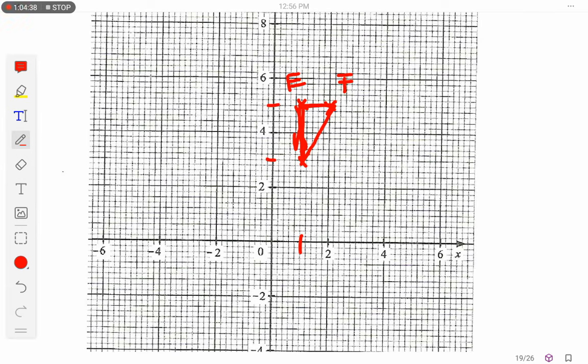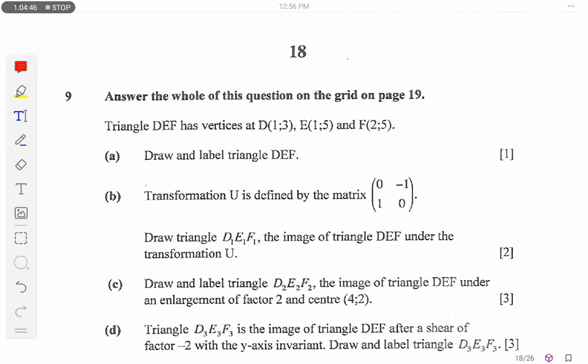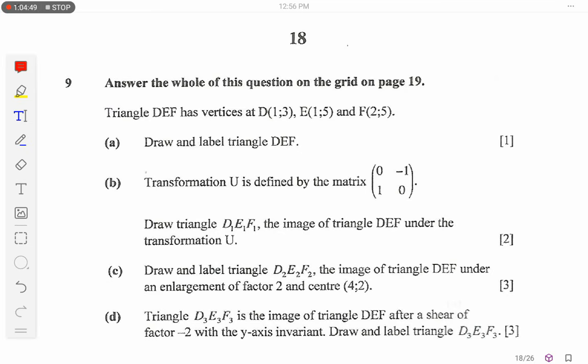We have done the first part. Let's move on to the next part. They are saying using transformation, U is defined by that. Then they are saying draw the diagram of the image of D1, E1, F1.